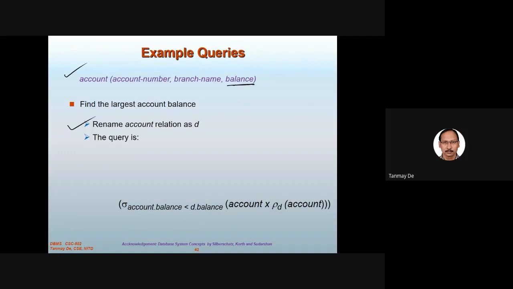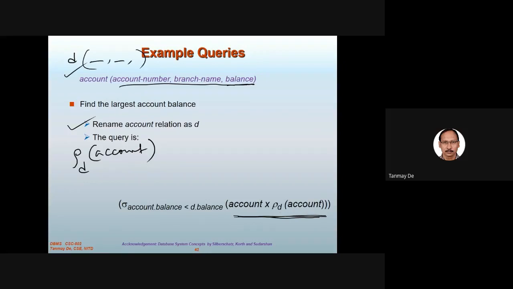Forgetting the remaining part, from this part what do we get? This Cartesian product. You can see this one, D, account. D is also the name of a relation that contains the same account number, branch name, balance, three attributes.